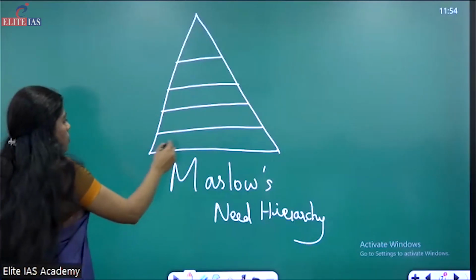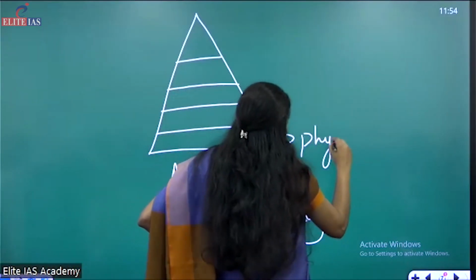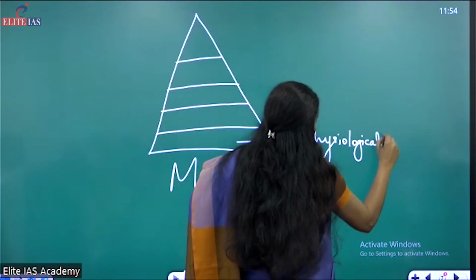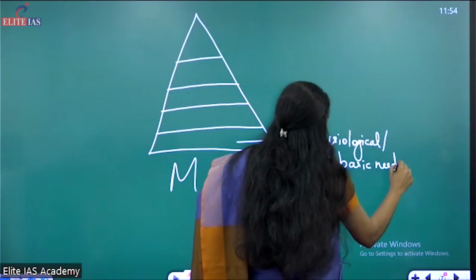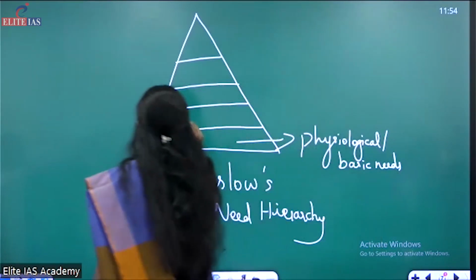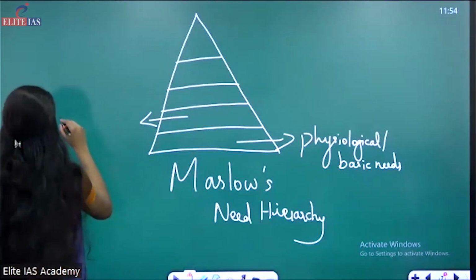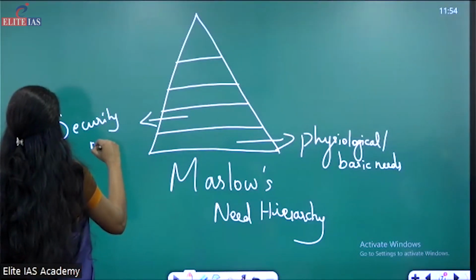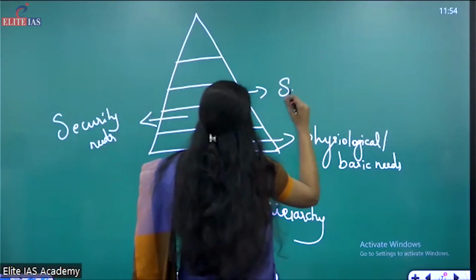This is called the physiological or basic needs. Second, security needs. Third, social needs.